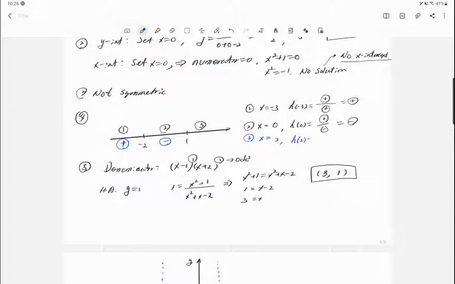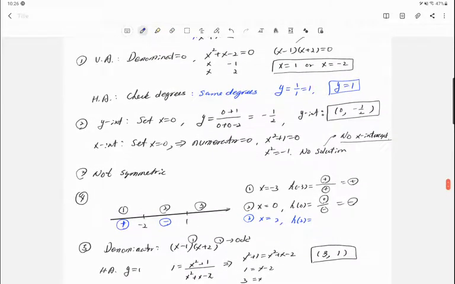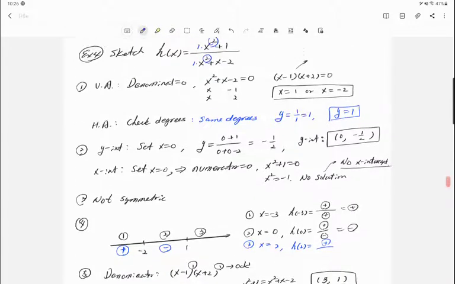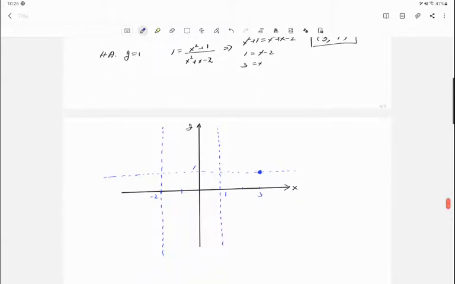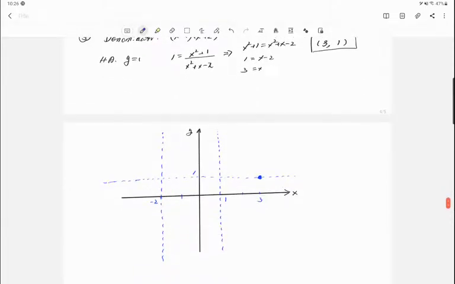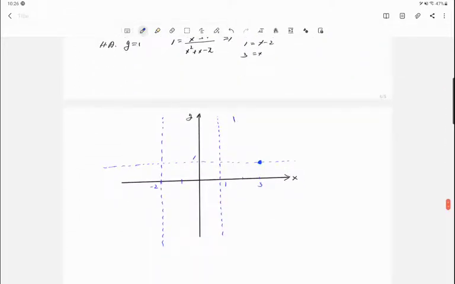Then h of 2 is 2 squared plus 1, and the numerator is always positive. The denominator, 2 squared is 4, plus 2 minus 2, is positive. So for x equals 2 the value is positive, and since it's greater than 1, it's above, like this. It crosses the horizontal asymptote, then bends and approaches it.